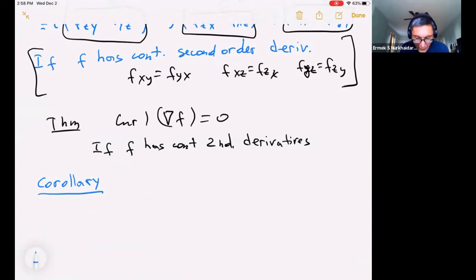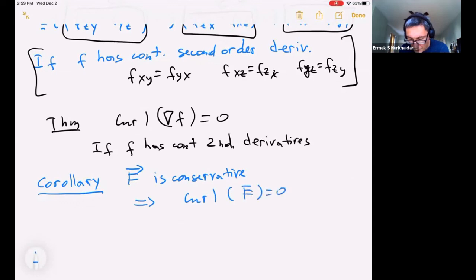So we have: field F is conservative if and only if curl of F equals 0, and F has continuous partial derivatives.